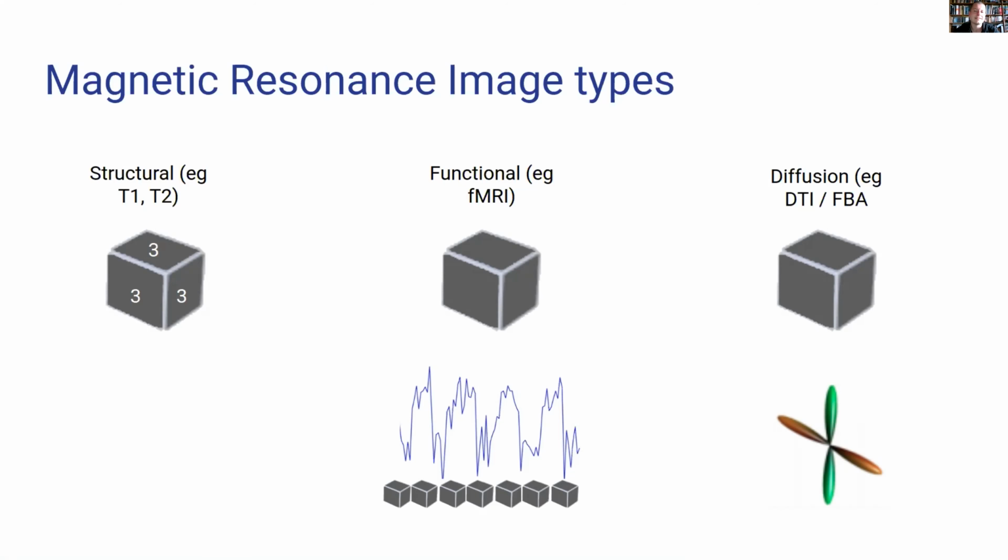And that is representative of functional MRI or fMRI, which I'm sure everyone knows with those nice pretty pictures of blobs on brains. Also, voxels can contain directional information as well. That directional information is usually within a particular class of MRI image called diffusion imaging.